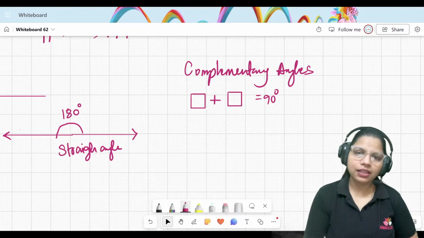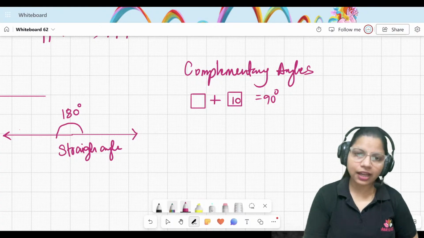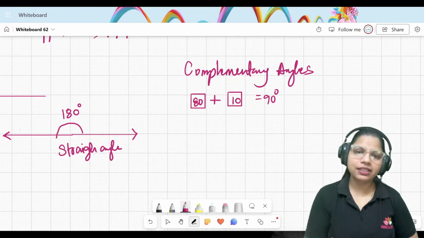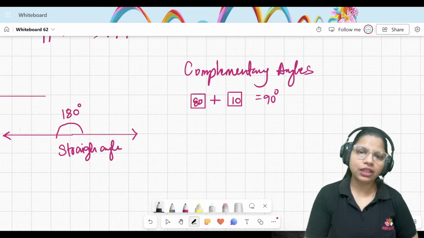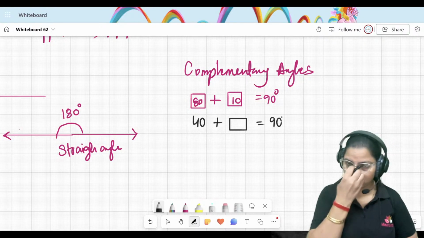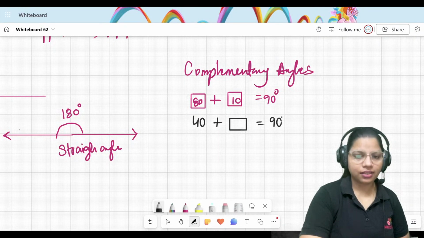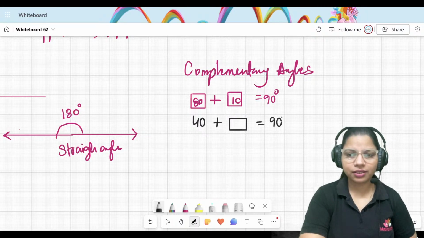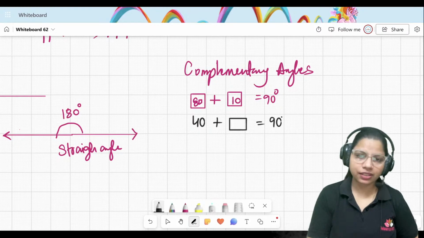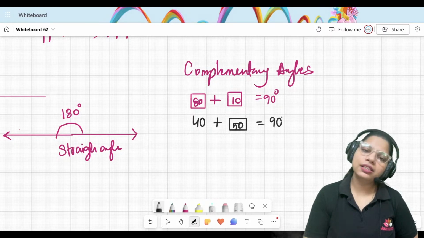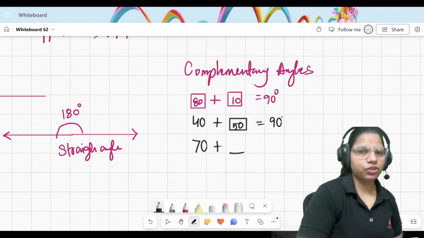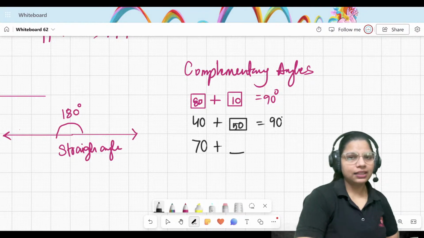So if it is 10, that would be 80. Okay, if I say this is 40, what would that be? We always have to make 90 degrees. The other one will be, very good, the other one would be 50 degrees. That's correct. If one is 70 degrees, what will the other one be, if they both are complementary? Yeah, that's correct.